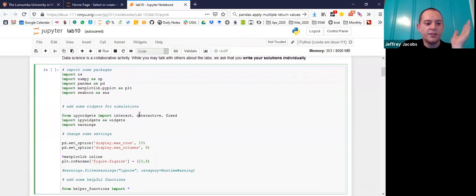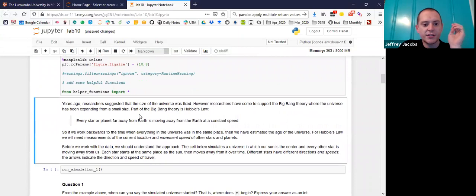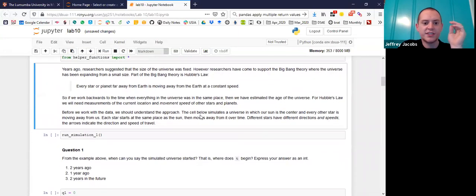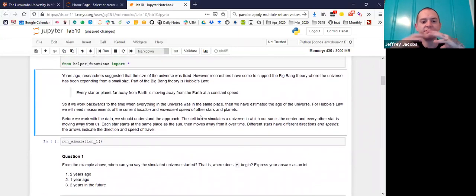So yeah, we run our import statements, and the introduction basically covers different theories of how old the universe is and how we can infer backwards how old the universe is by looking at the speed at which planets are moving away from Earth, right?